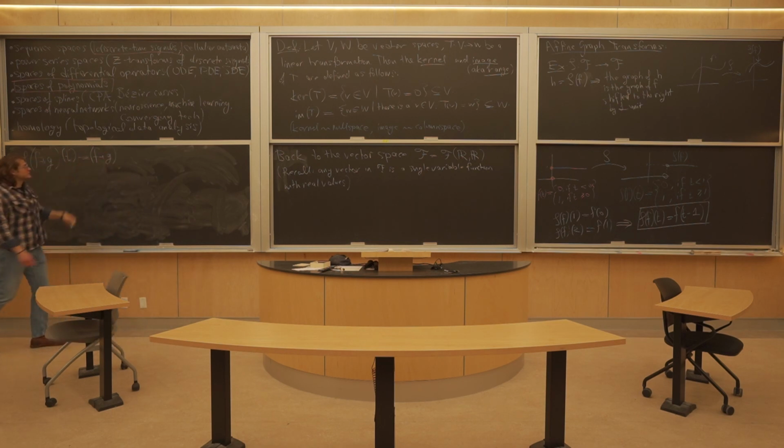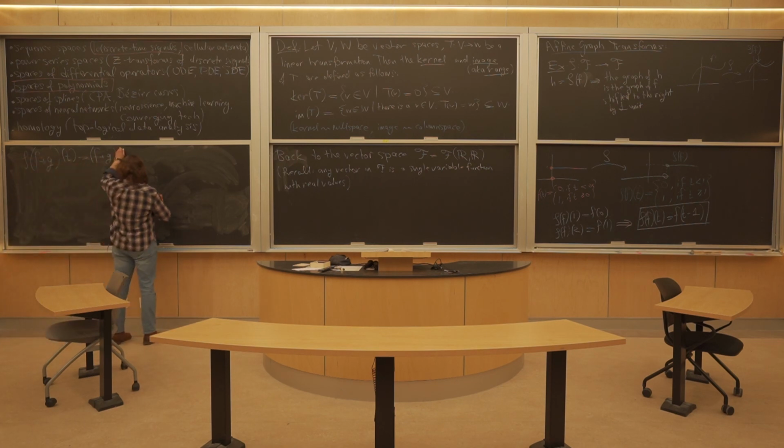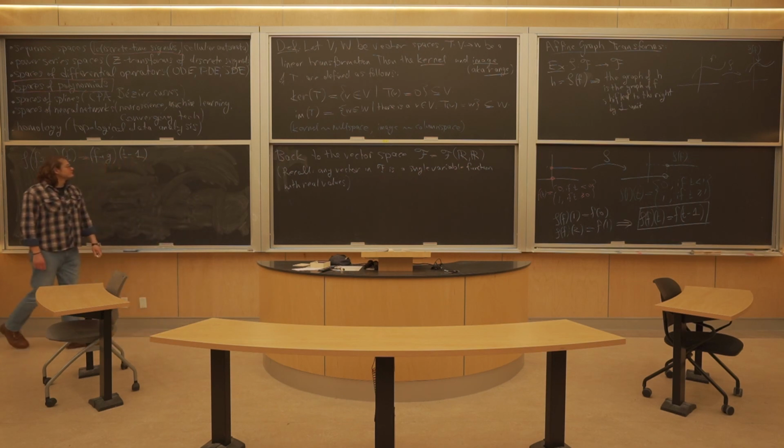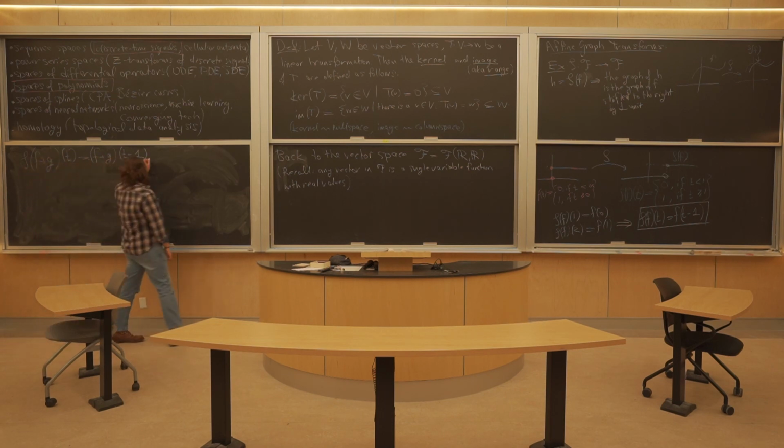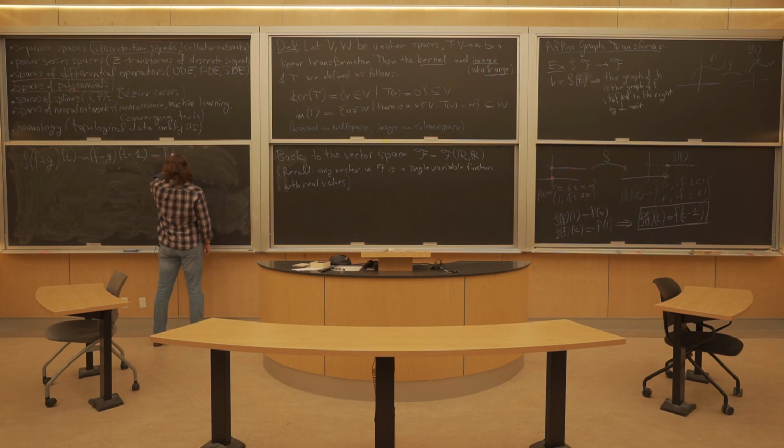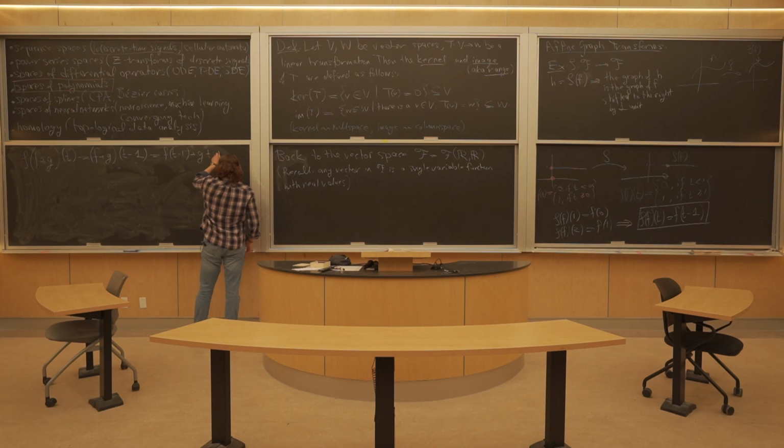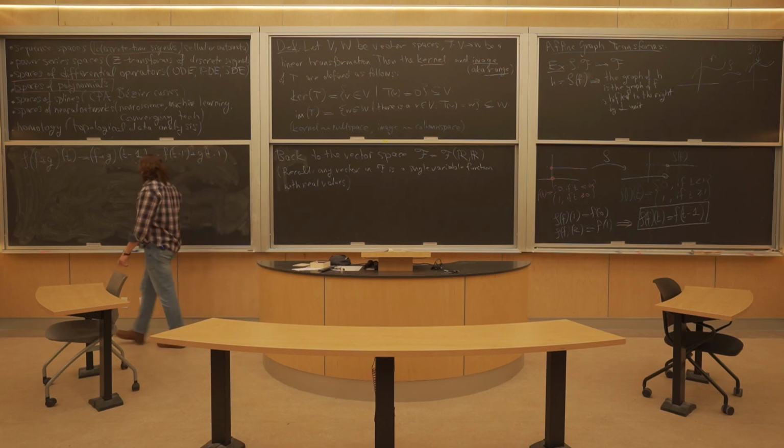Recall that this is another vector now in my vector space, evaluated at t minus 1. But then, what is this? This is nothing but f of t minus 1 plus g of t minus 1. That's how you add two functions.